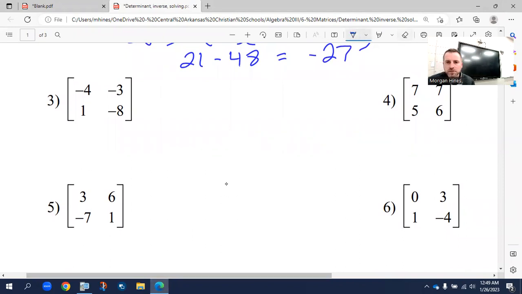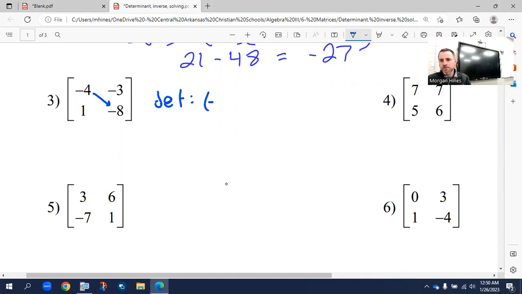So I'll look at number 3. Basically, if you want to find the determinant of this matrix, it's kind of a cross multiplying kind of thing.